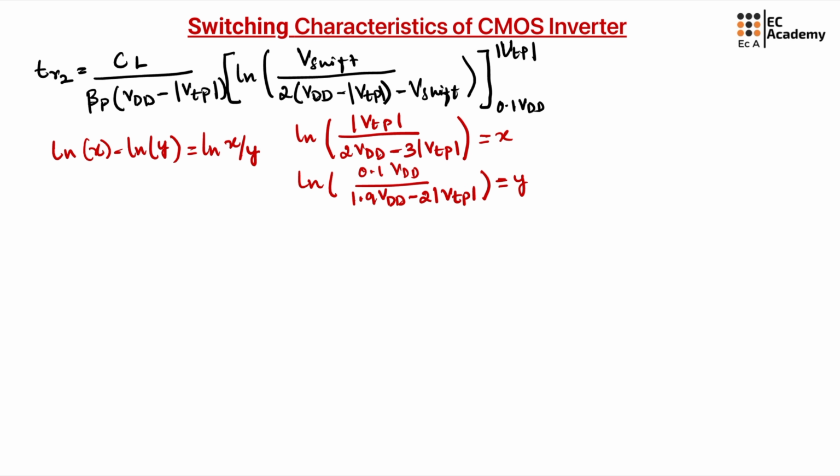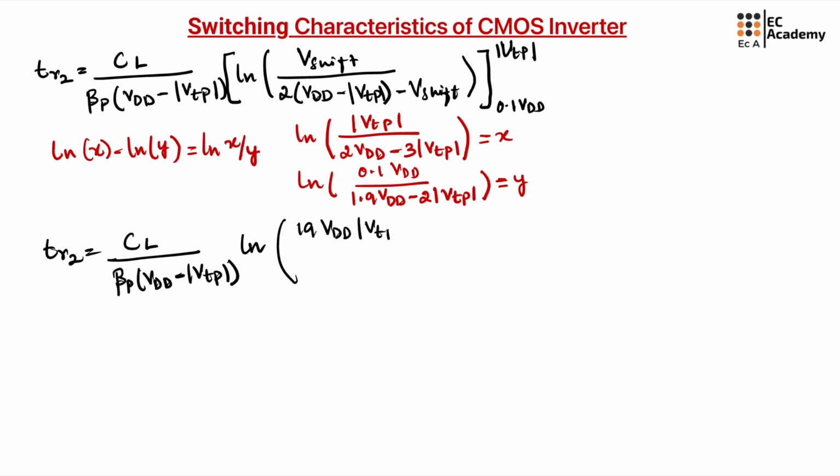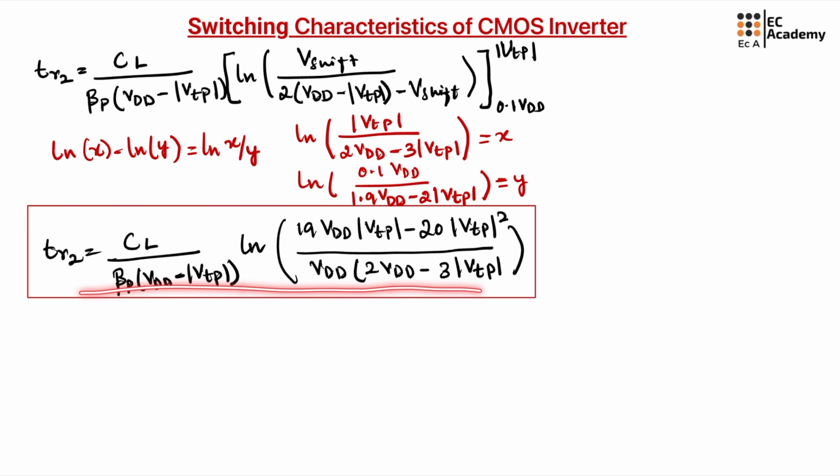So we can write the above equation as TR2 will be equal to CL divided by beta P into (VDD minus absolute value of VTP) into ln of (19 VDD into absolute value of VTP minus 20 absolute value of VTP whole square) divided by (VDD into (2 VDD minus 3 absolute value of VTP)). So this is the equation for rise time 2, which is the rise time for linear region.